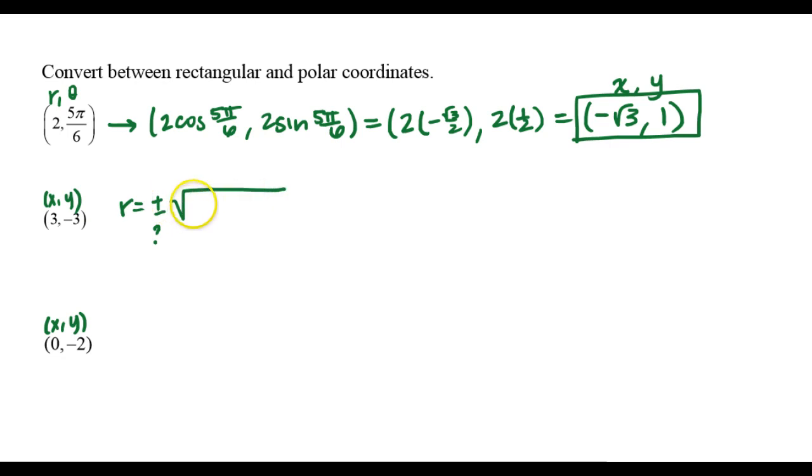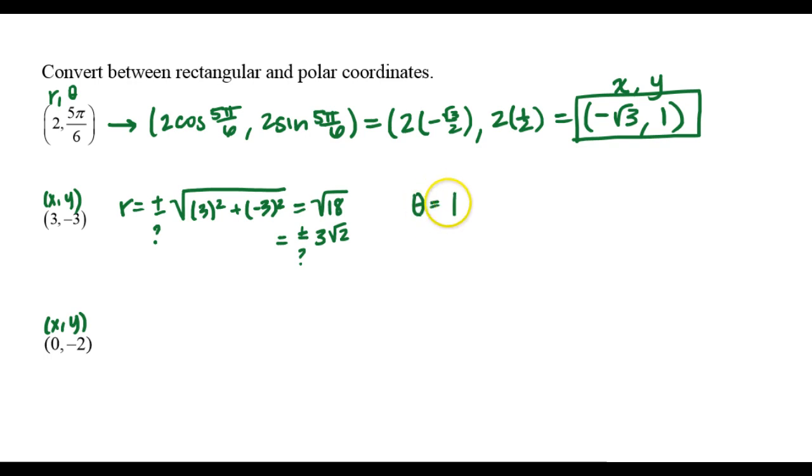And then x squared plus y squared, so 3 squared plus negative 3 squared, that's 9 plus 9, so this is radical 18, which simplifies to 3 radical 2, because 18 is 9 times 2, radical 9 is 3. So my r is either plus or minus 3 radical 2. We have to decide that, and we're going to decide that when we figure out the angle.